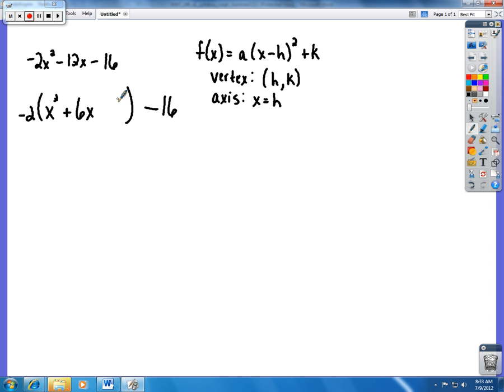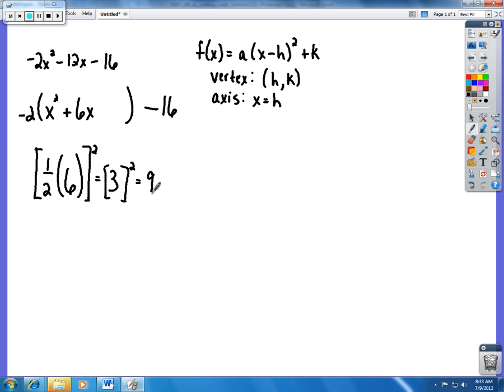You're going to take 1/2 times whatever this constant is, and then you're going to square that. So 1/2 of 6 is 3, right? So you're going to do 3 squared, which of course is 9.